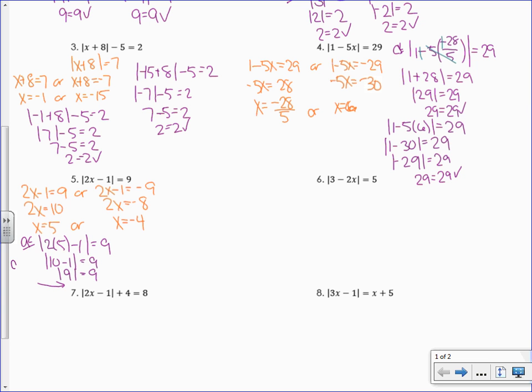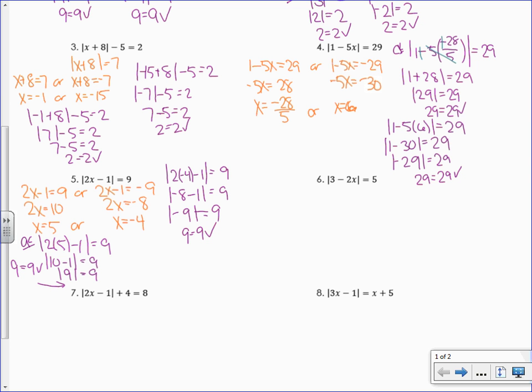You get 9 is equal to 9. Woohoo! Now I'll check negative 4. So this is the absolute value of 2 times negative 4 minus 1, which I get negative 8 minus 1, which is the absolute value of negative 9, which is just 9. Woohoo! They check.